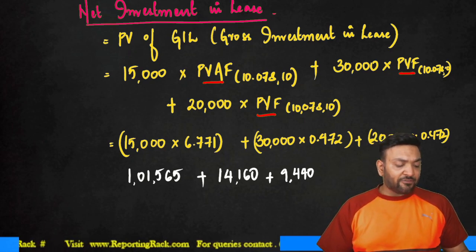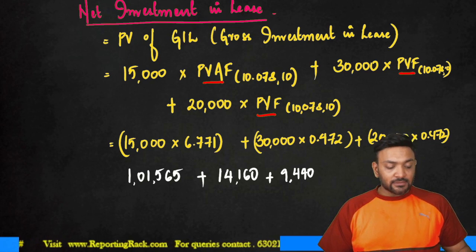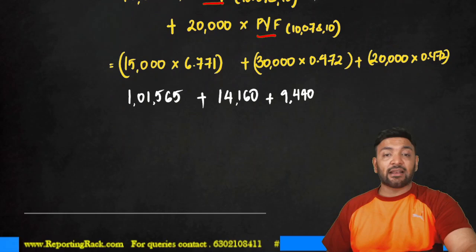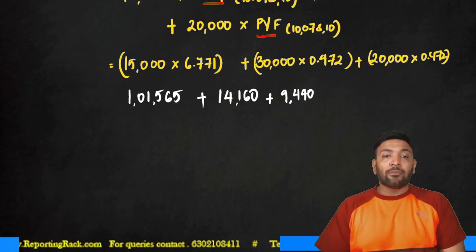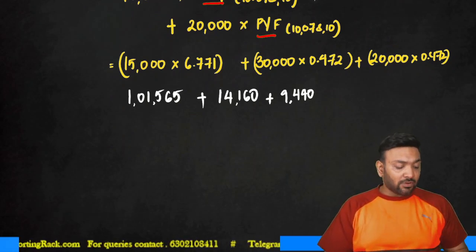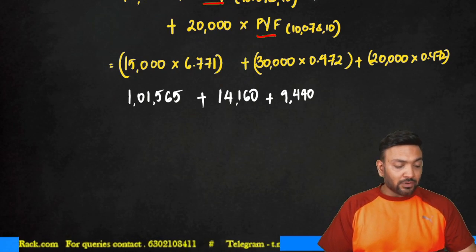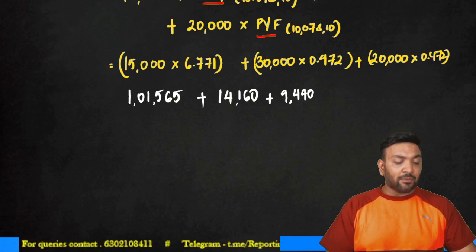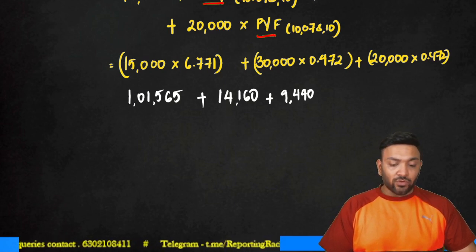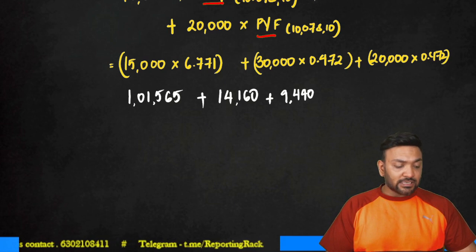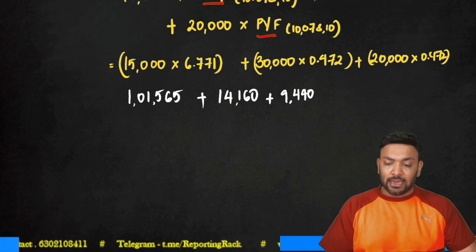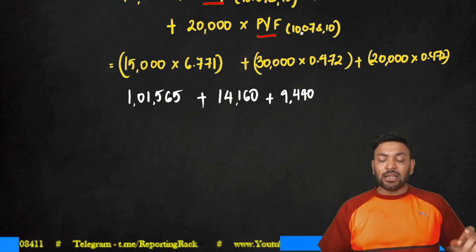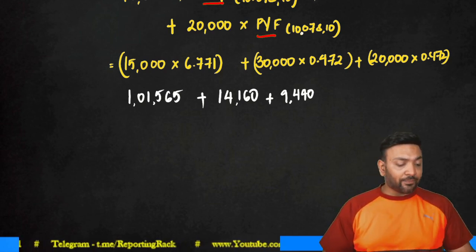Are my PVFs and PVAFs correct? Tell me if they are correct, or should I calculate once again? I'm not sure, so you should tell me. Or I'll calculate once again. 1 divided by 1.10078.